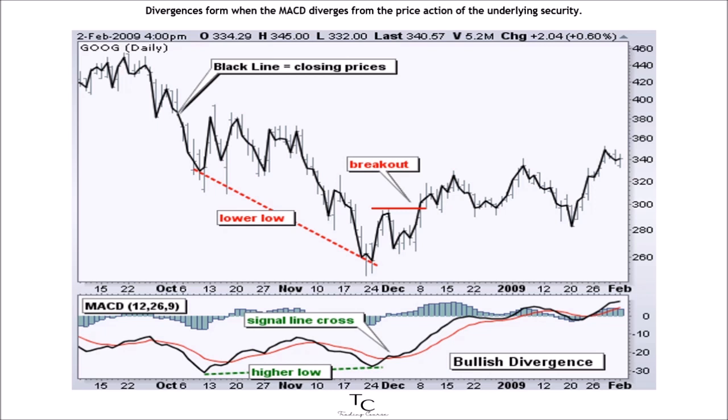Divergences form when the MACD diverges from the price action of the underlying security. A bullish divergence forms when a security records a lower low and the MACD forms a higher low. The lower low in the security affirms the current downtrend, but the higher low in the MACD shows less downside momentum.